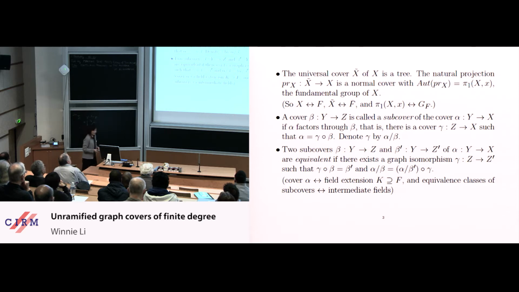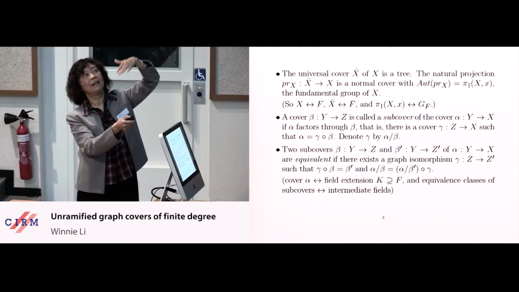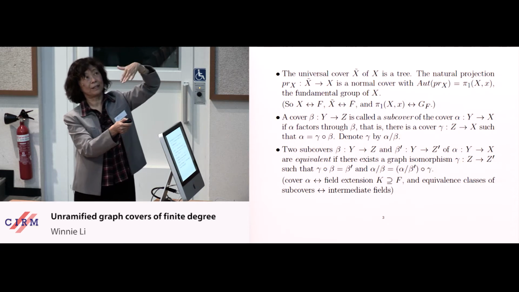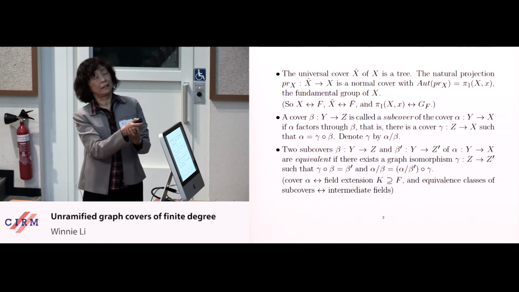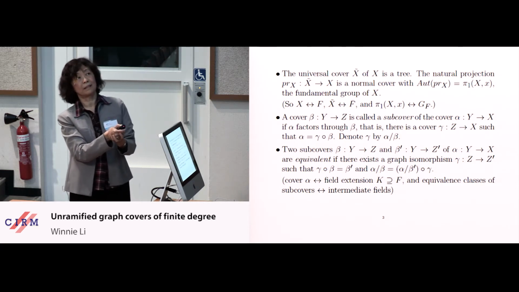Now if I think of X as corresponding to a number field, in number fields we talk about the algebraic closure. For the graph, the role of the algebraic closure is played by the universal cover. That's the highest, largest cover that we can take. And the universal cover, being simply connected, is a tree.